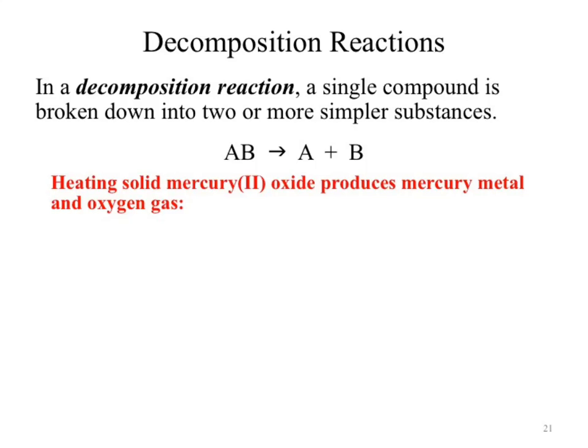Let's take a second, have you write it out real quickly. Just because I'm noticing organic students doing this, what should you write out for your problem? What's the first thing you should write down? Anybody? The symbols. At no point should you be writing out "heating solid mercury 2 oxide produces mercury metal and oxygen gas."